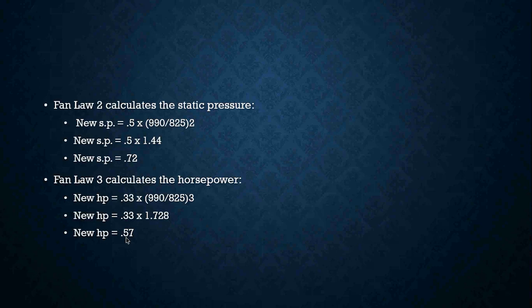So you can see by taking these mathematical formulas, what I do to a blower or what I do to a ductwork is going to adversely affect the airflow performance of that unit.